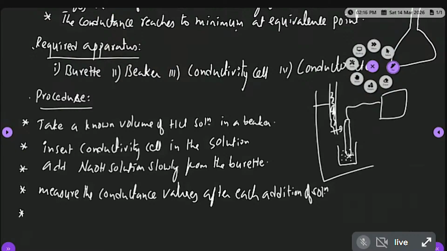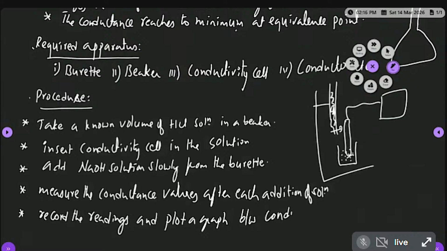మరి ఎక్కడ ఎండ్ పాయింట్ వస్తుంది? ఎక్కడంటే, ఓకే, రికార్డ్ ద రీడింగ్స్, ఆ రీడింగ్స్ రికార్డ్ చేయండి అండ్ ప్లాట్ ఏ గ్రాఫ్ between conductance and volume of NaOH.